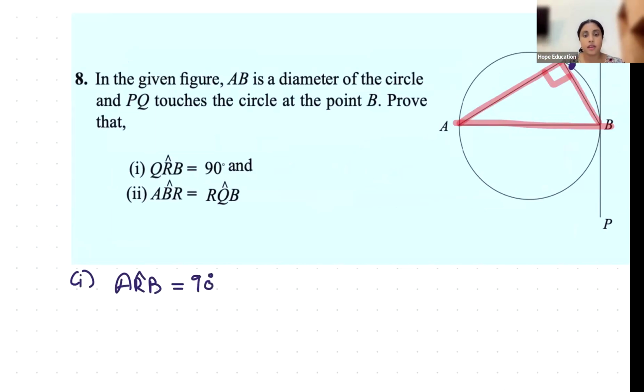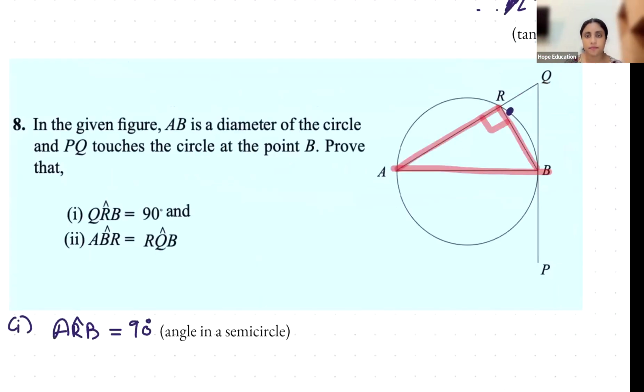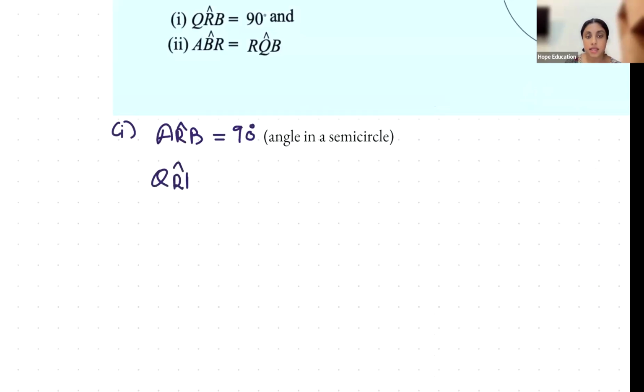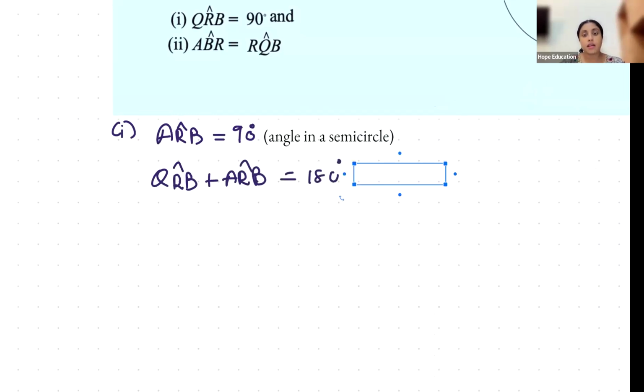Why? Angle subtended by the diameter, the angle in a semicircle. If AB is the diameter, that part is a semicircle, no? Therefore, this side is also 90 because QRB plus ARB equals 180, angles on a straight line.